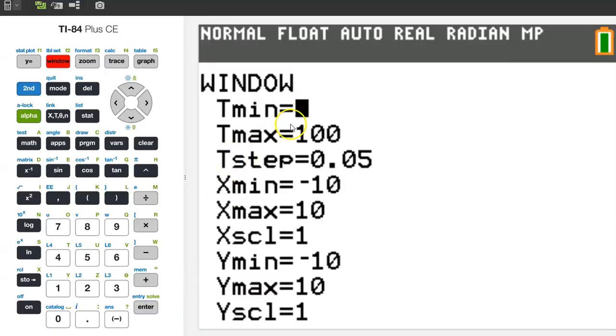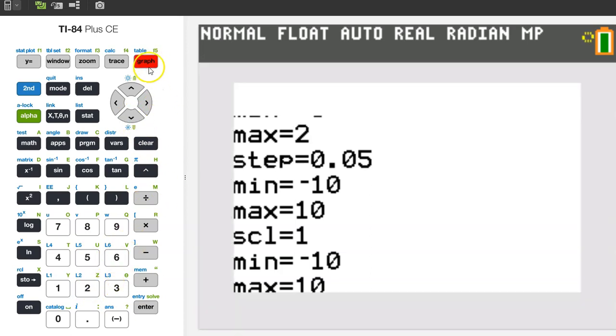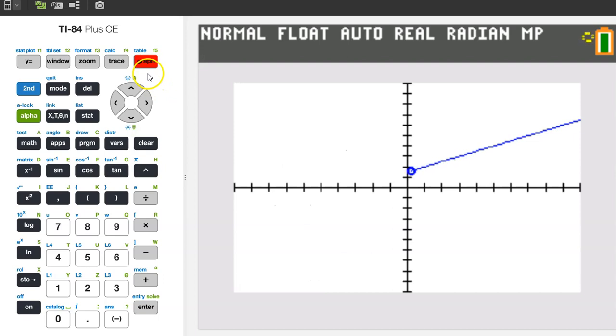So let's let t min be -5 and t max will be +2. Let's take a look. Interesting. This looks like a linear equation. It's a linear graph, but it has this restriction that x is greater than or equal to -3.